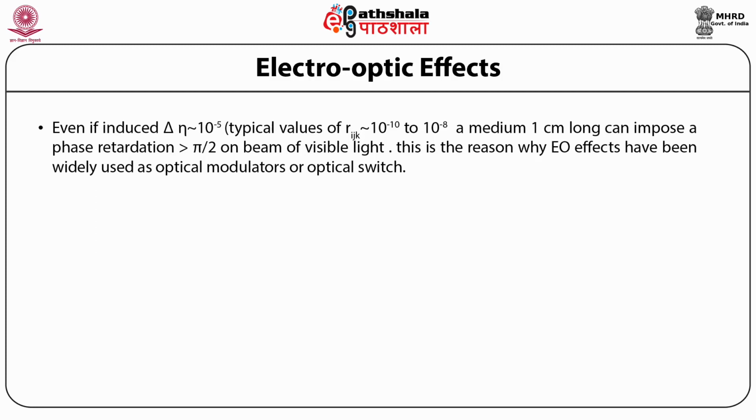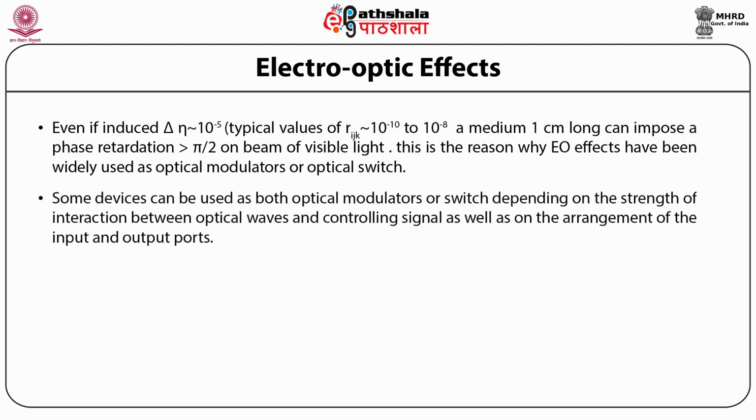So typical values of Rijk are approximately 10 to the power minus 10 to 10 to the power minus 8. A medium 1 centimeter long can impose a phase retardation greater than π/2 on a beam of visible light. This is the reason why EO effects have been widely used as optical modulators or optical switches.